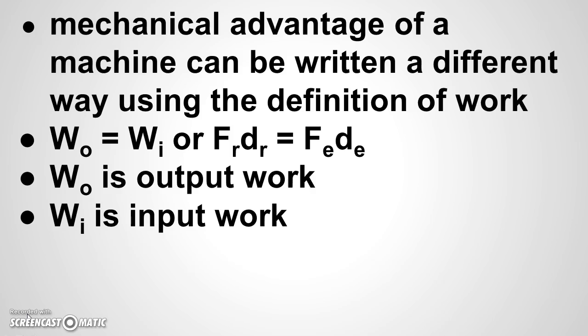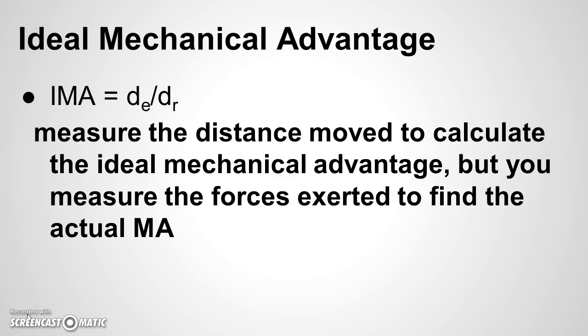If we were to describe an ideal machine, that would always be true. The work out and the work in would be equal. The distance of effort divided by the distance of resistance would be equal, and the ideal mechanical advantage would be 1.